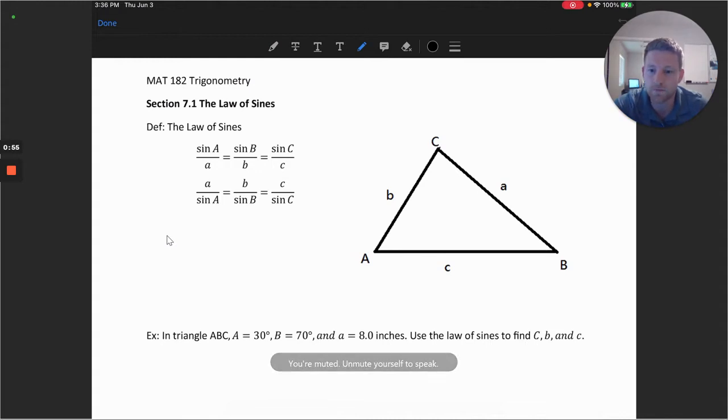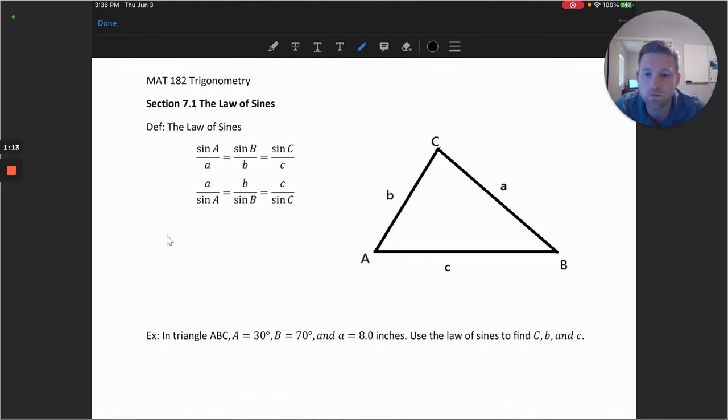And obviously we can flip this and take the reciprocal of this ratio and it would be equivalent as well. This is just telling us that the sines of angles and their opposite sides are in ratio equivalent to all the other angles and sides.